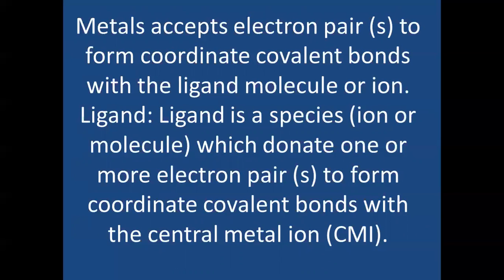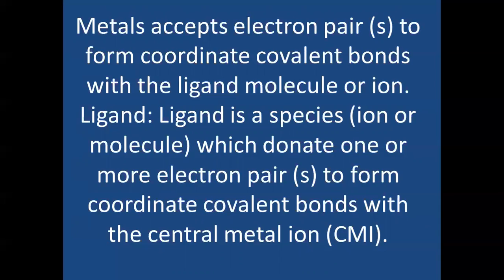Here, let us try to understand a few terms, like ligand first. A ligand is nothing but a species. It may be an ion or a molecule which has the capacity to donate one or more pairs of electrons and form a coordinate covalent bond with the central metal ion. The species should not only have the capacity to donate a pair of electrons, but it should also have the capacity to form a bond.